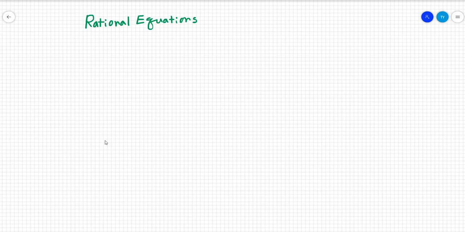So in other words, you are not trying to simplify anything. You're trying to solve for the unknown x. The only thing that is going to be similar to the rational expression is coming up with the least common denominator.